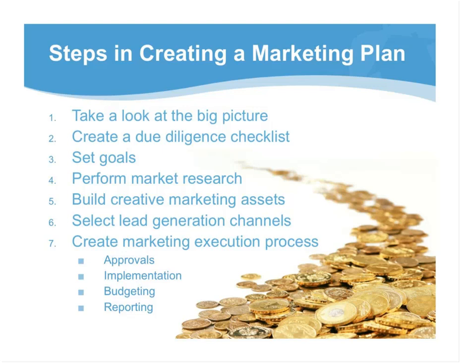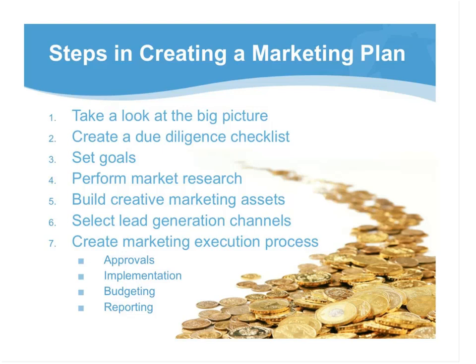So first, I like to think about taking a look at the big picture. Before you jump into the deep end, it's really important that you have a good sense of all the macro factors surrounding your strategic marketing plan. Second, we recommend creating a due diligence checklist as it relates to what exists or doesn't exist at the institution across all the functions to make sure there are no barriers for success.